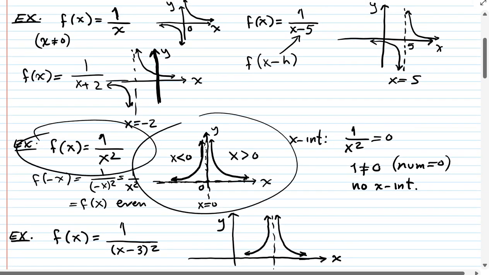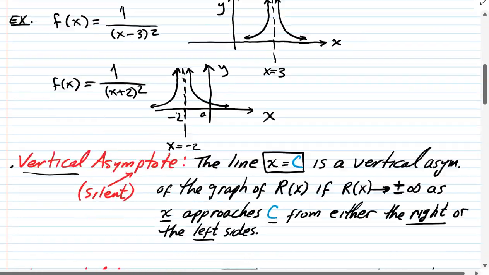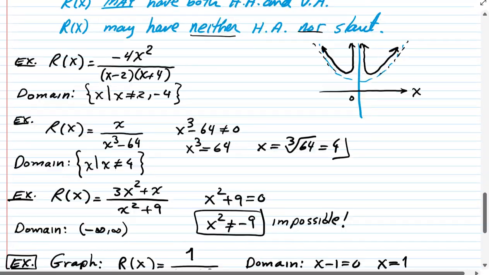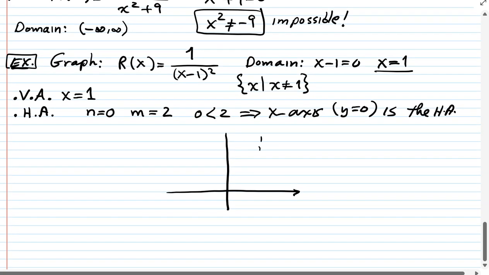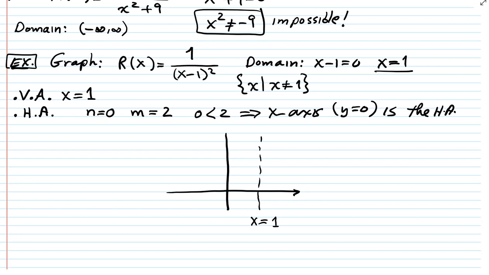So we have some variation of this rational function. Therefore, this is going to be 1 over x squared shifted to the right 1 unit. And I'm just going to graph it like so without plotting points. Remember, folks, we do not want to plot points here. And there you have that one.